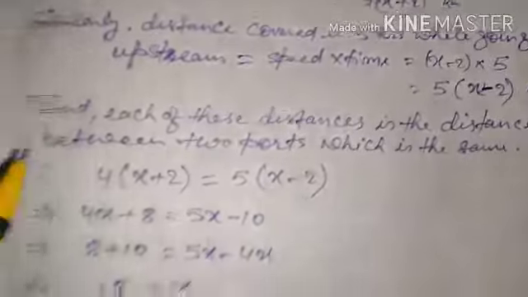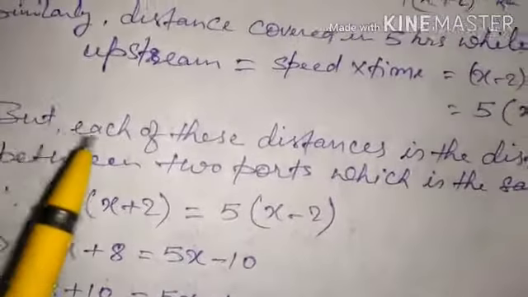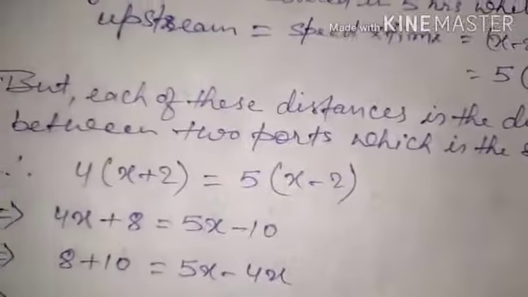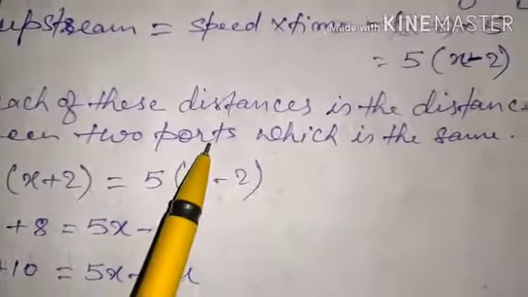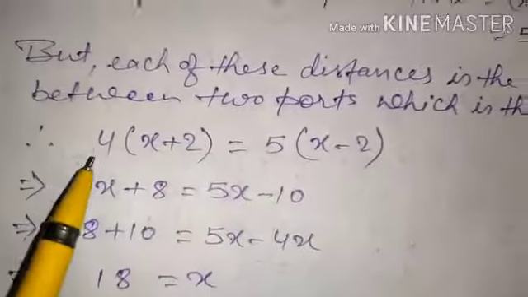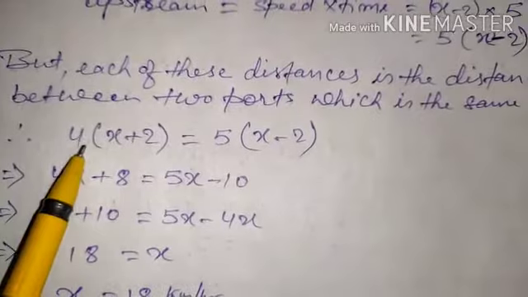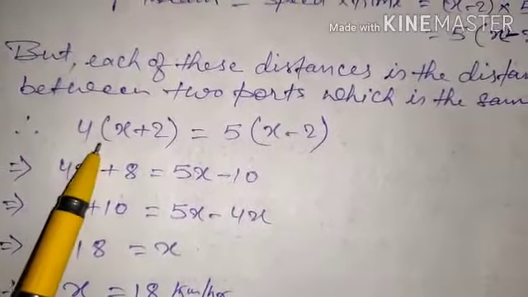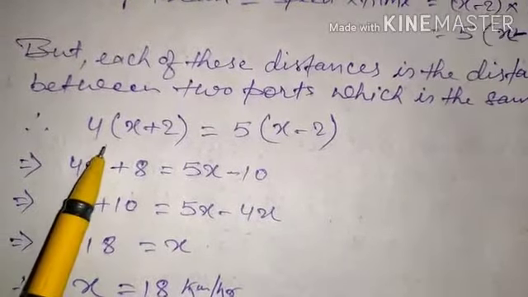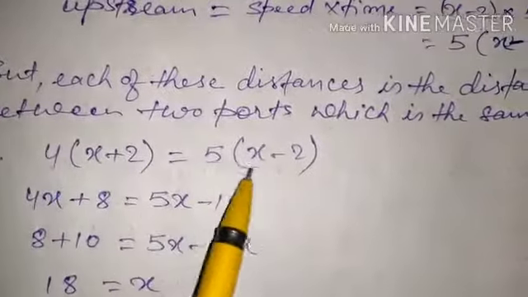So we got our equation. Each of these distances is the distance between two ports, which is the same. Obviously both distances are the same, so we can make our equation: 4 into x plus 2 is equal to 5 into x minus 2.